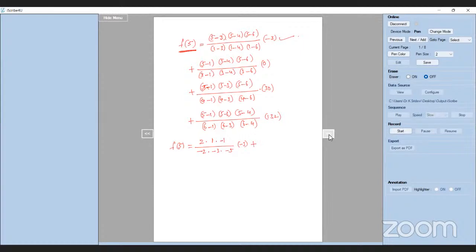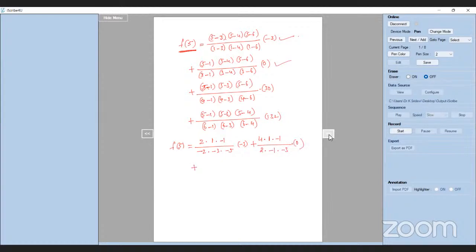Plus, what is the second term? 4 into 1 into minus 1, divided by 2 into minus 1 into minus 3, into 0.